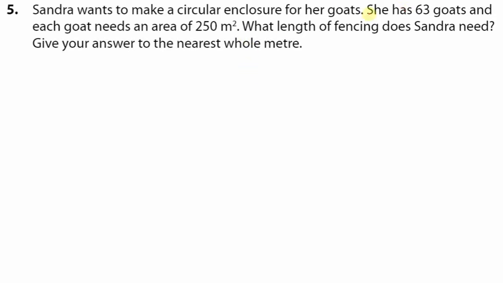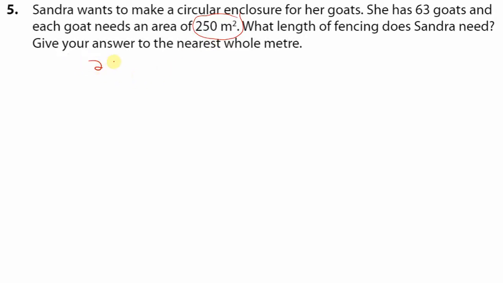So now, if each goat needs an area of 250 square meter, the question is, what area do 63 goats need? Well, it will be 63 times 250 square meter.